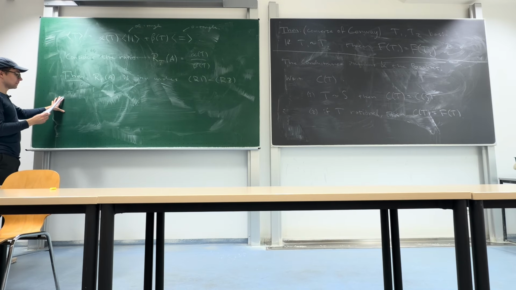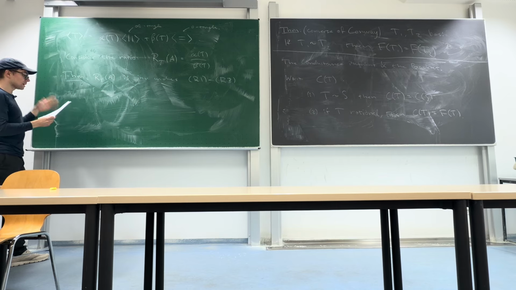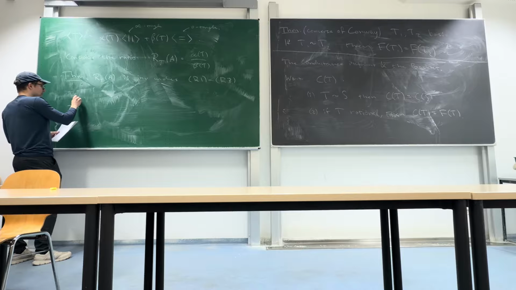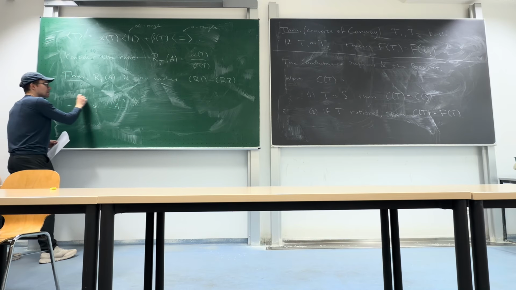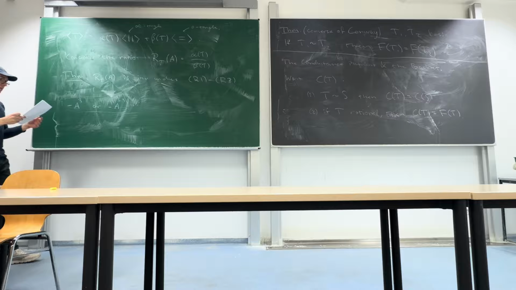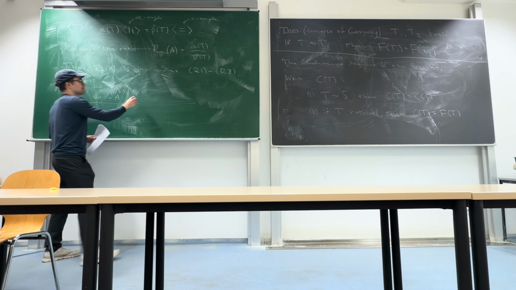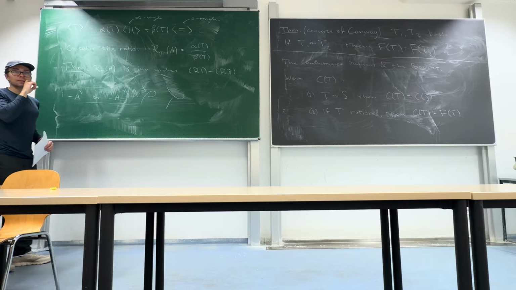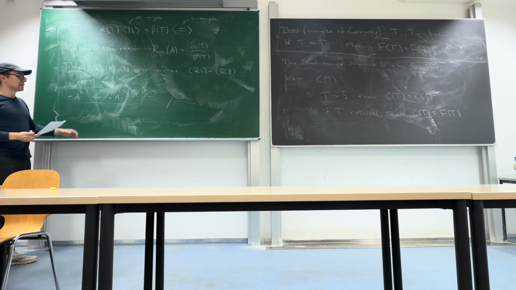When we apply the first Reidemeister move, the Kauffman bracket of T is multiplied by either minus A cubed or minus A to the minus 3.